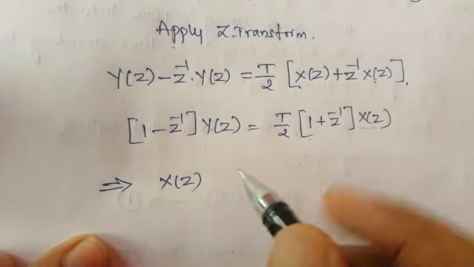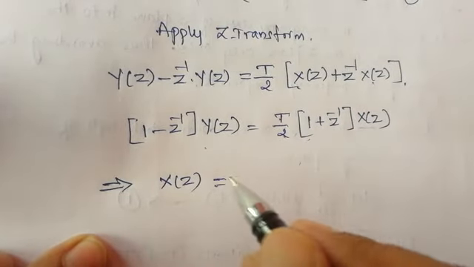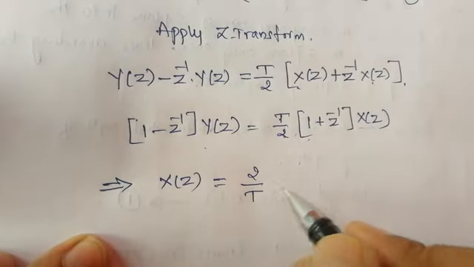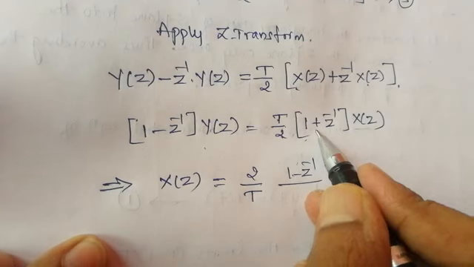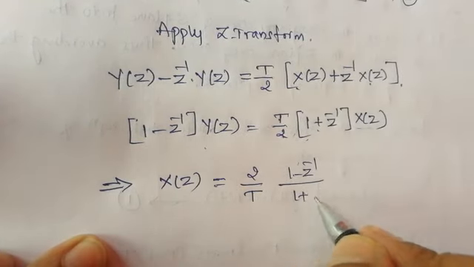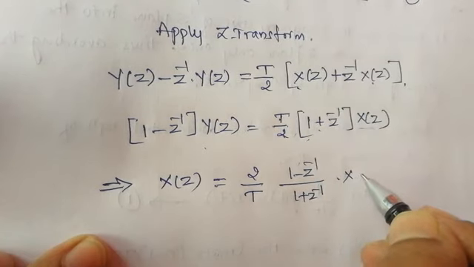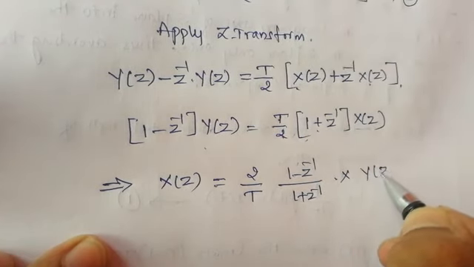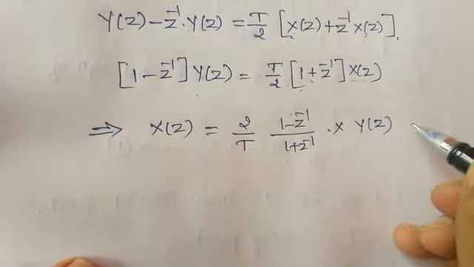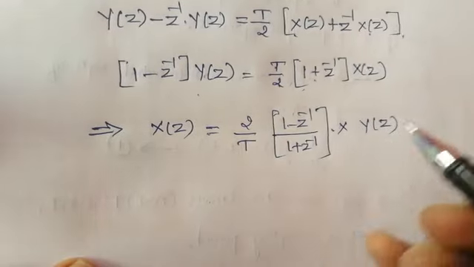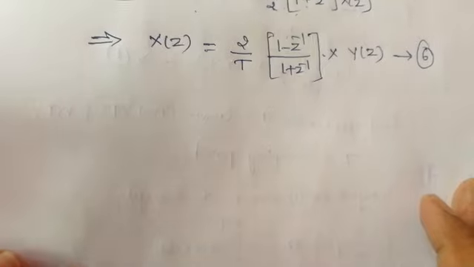Hence 2 goes to the numerator and T goes to the denominator: 2 by T, and 1 minus z raised to minus 1 goes to the denominator, 1 plus z raised to minus 1 multiplied by Y of z. We will write it as equation number 6.